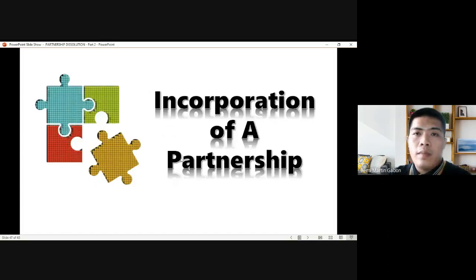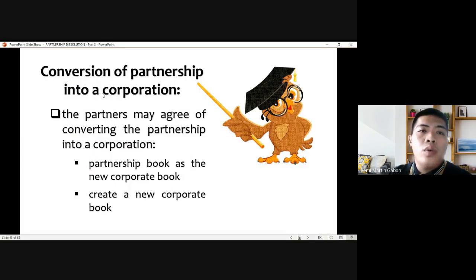Okay. Then last is incorporation of a partnership, the conversion of a partnership into a corporation. The accounting consideration is that the partners may agree on the conversion of the partnership using the concept that we have in the previous discussion.